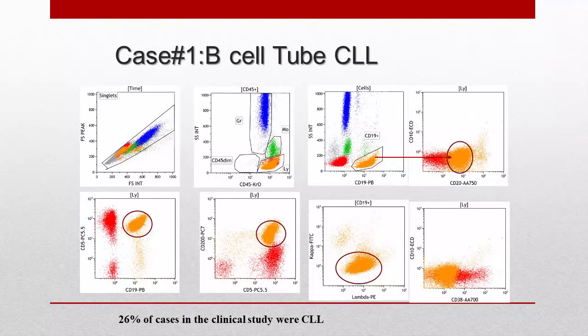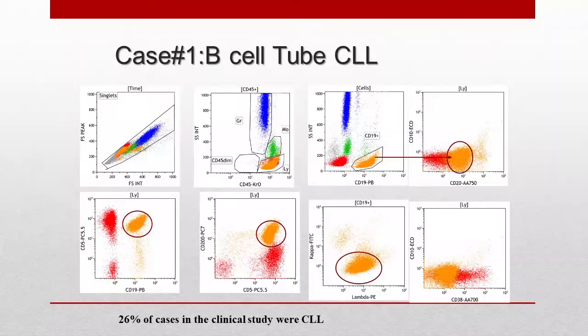So when we run the first case, we can see here the large amount of lymphocytes. There's not actually a percentage on there, but you can see that these are a large expression of CD19. I think it works out to be almost all of the lymphocytes.